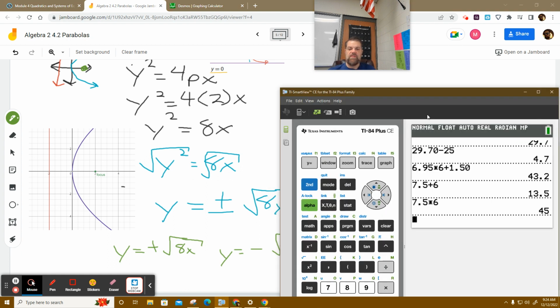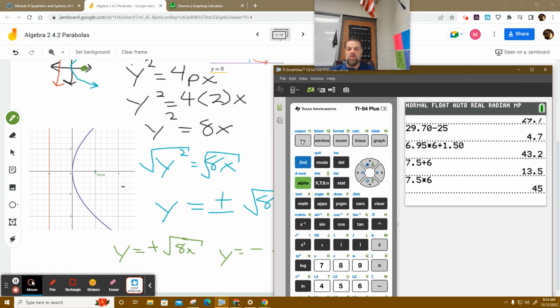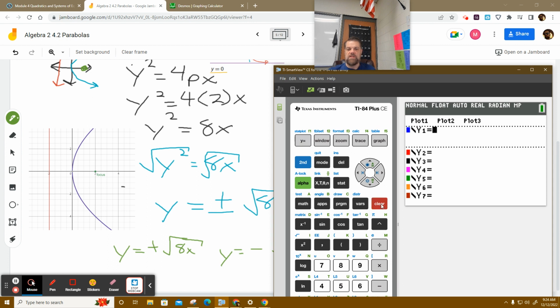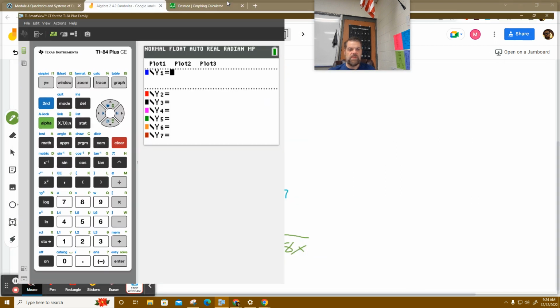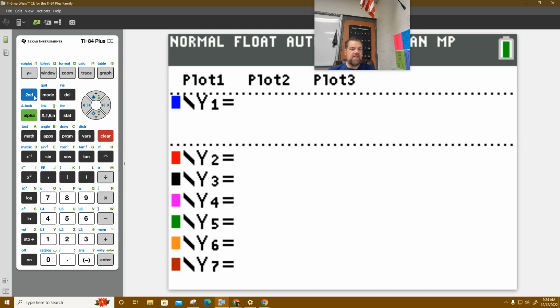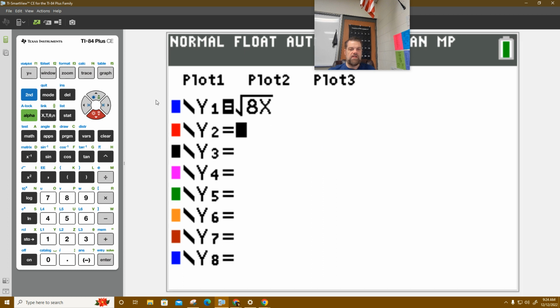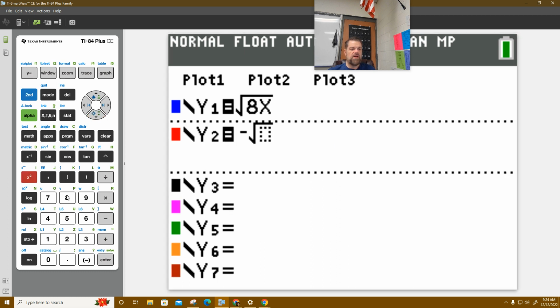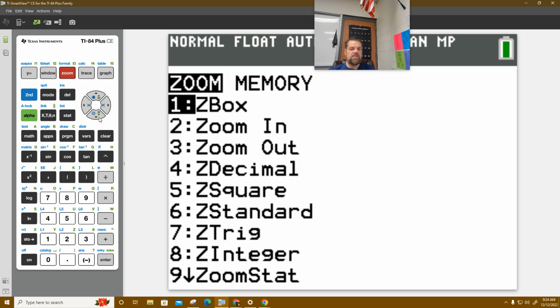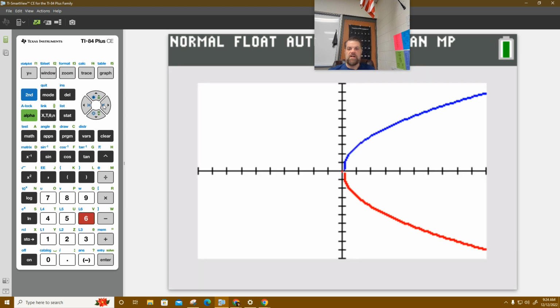So if I go into y equals, okay, and I'm going to clear this out. Let me move this over here temporarily. And I'm going to say the positive or principal square root of 8 times x. And then I go here and I say the negative square root of 8x. Okay. And then I'm going to hit zoom standard. There it is. Same thing, right?